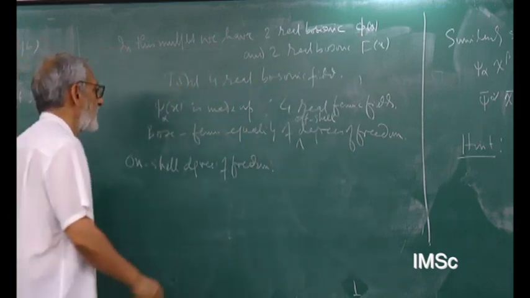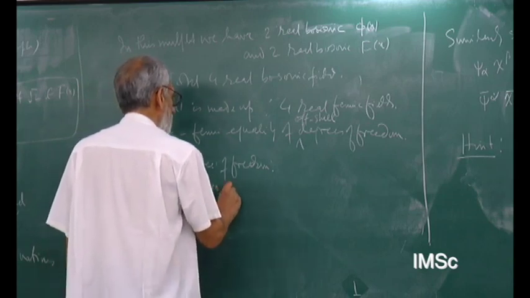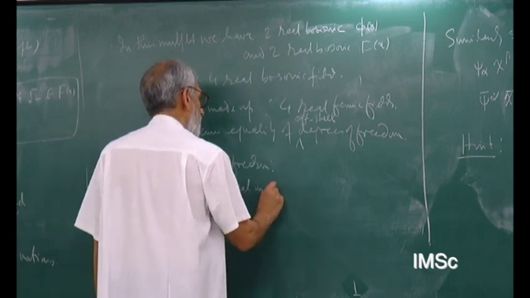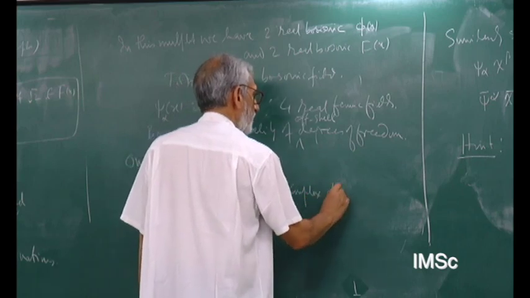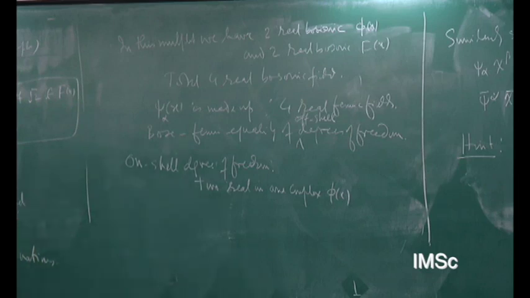So on-shell degrees of freedom of a complex scalar field phi x are two real. And how many on-shell degrees of freedom do I have in a left-handed fermion? Let's start with a Dirac fermion, people understand better.